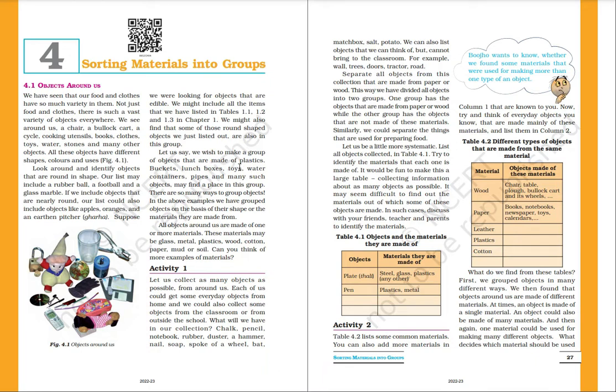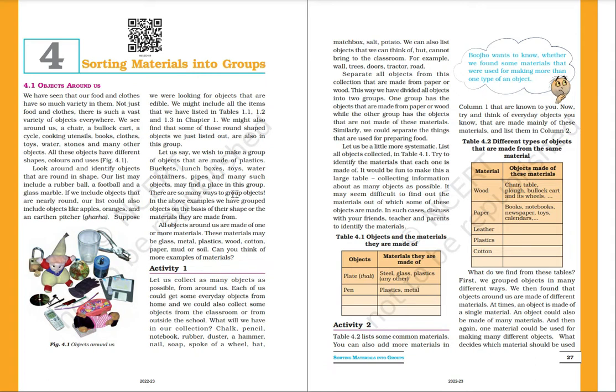Basically you understand the whole thing. Let us say we wish to make a group of objects that are made of plastics. Buckets, lunch boxes, toys, water containers, pipes, and many such objects may find a place in this group. So basically you can see a lot of things around you made of plastic.